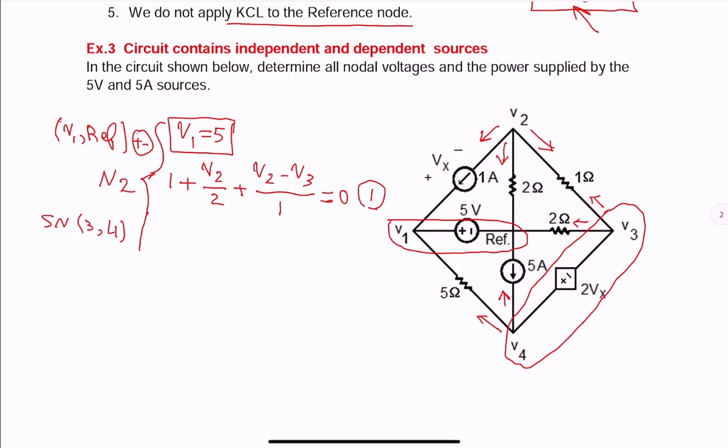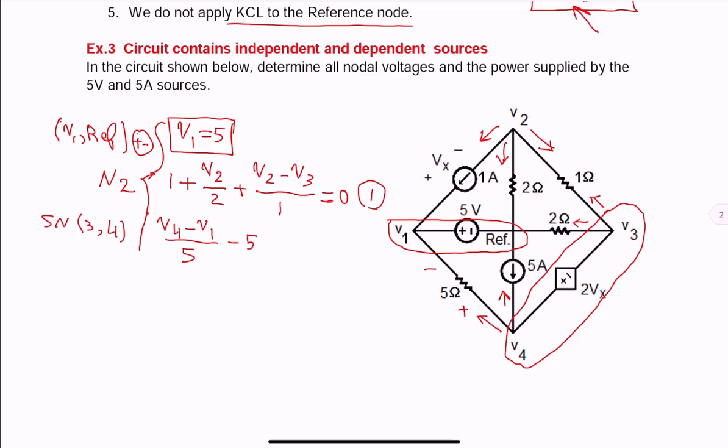So the first term is V4 minus V1 over 5. To find that current, we need positive at the bottom, negative on the top of the 5 ohm. So that's V4 on the positive side, subtract from it V1 on the negative side. Going straight up, we're looking at negative 5 amps leaving the node.